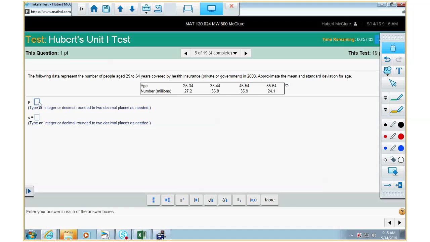Okay, what's the mean to two decimal places? I'm sorry, what? 44.13. And the standard deviation? I'm sorry? 10.41. Okay?